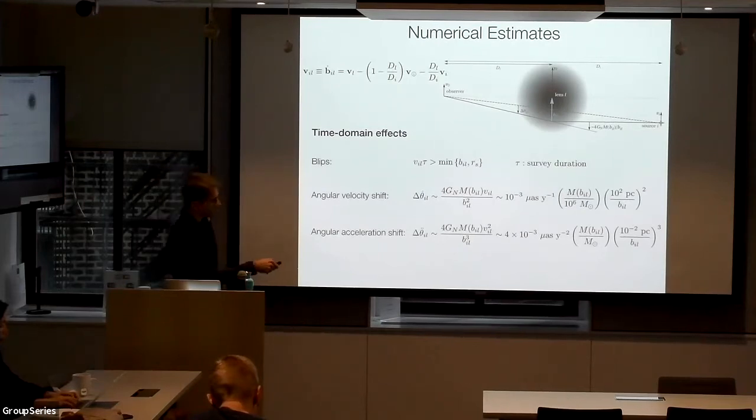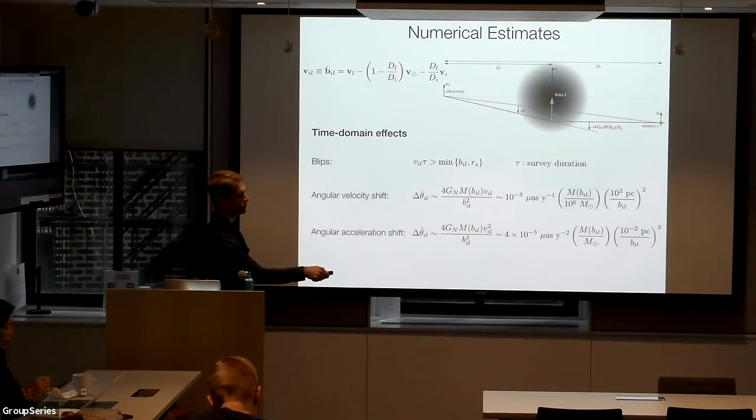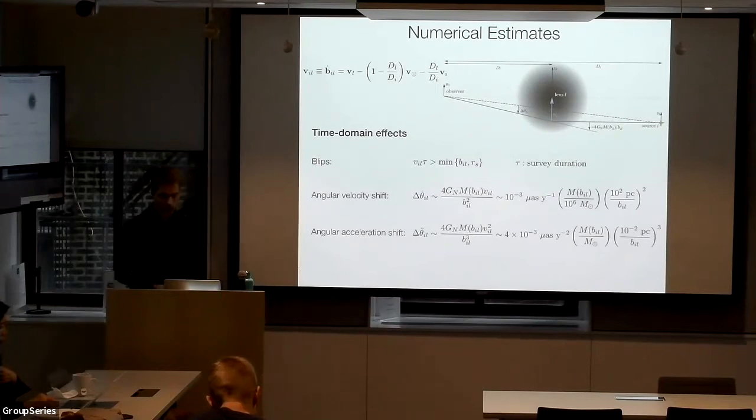Basically it's the first time derivative of the lensing deflection, which is the same formula as before, but now multiplied by a factor of this effective lensing velocity VL divided by the impact parameter. And so if you plug in the same numbers as before, a million solar mass halo at 100 parsec impact parameter, you get 10 to the minus 3 microarcseconds per year.